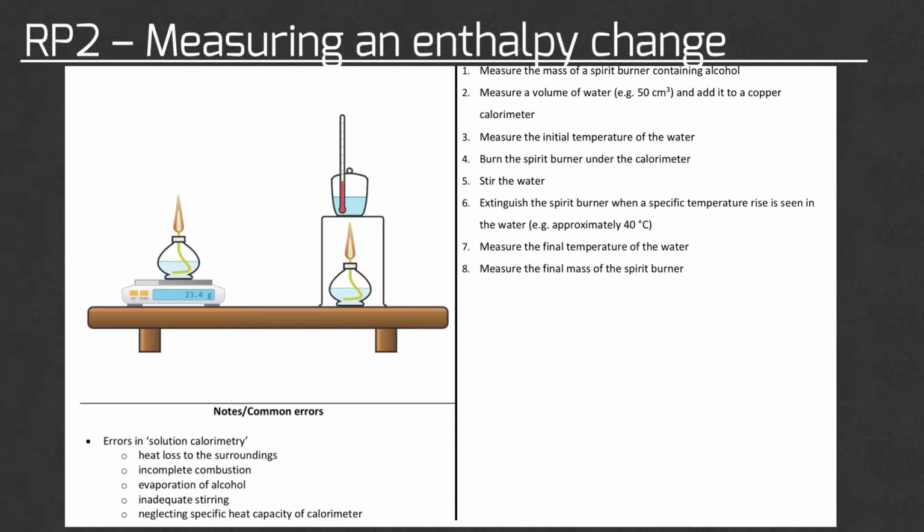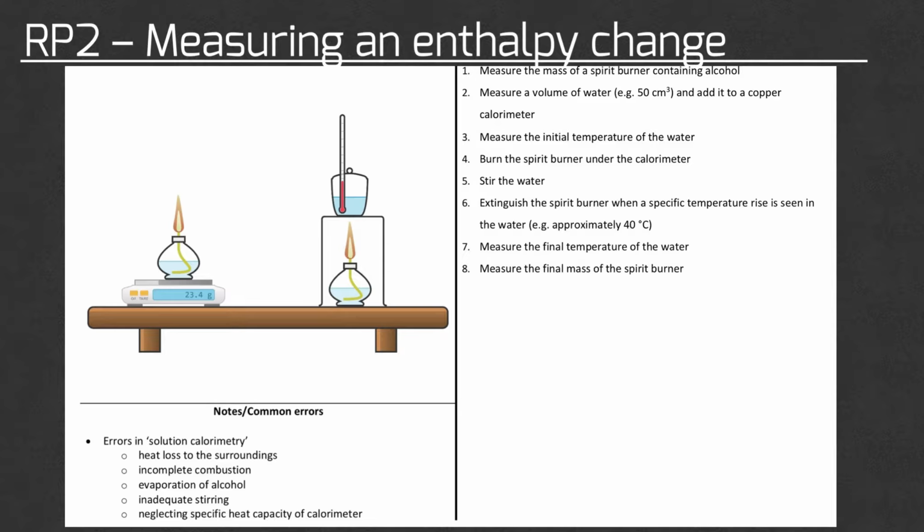We would then extinguish the spirit burner when a specific temperature rise is seen in the water. So once we've seen maybe a rise of 40 degrees, we would extinguish the spirit burner. We would measure the final temperature of the water and the final mass of the spirit burner. This way we could determine how much fuel has been burned and what the temperature change of the water was.